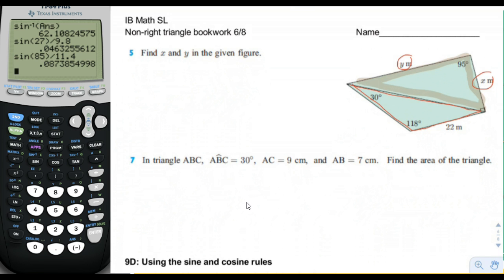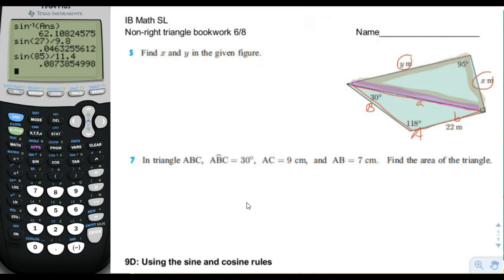So let's work on the red triangle first and see if we can at least get this unknown side, let's say this purple side, so that we can find a side that will help us determine x and y in the other triangle. I'm going to name the purple side small a, and I'll name this angle capital A, and then I'll name this capital B, and I'll name this small b.